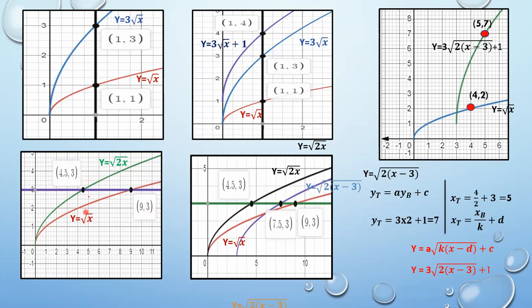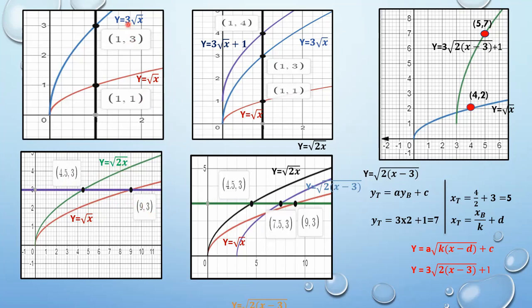But your 3 still doesn't change. So you are checking your horizontal stretch or compression, keeping your y coordinate constant. So 9 divided by 2 is 4.5, because this 9 is divided by this 2.